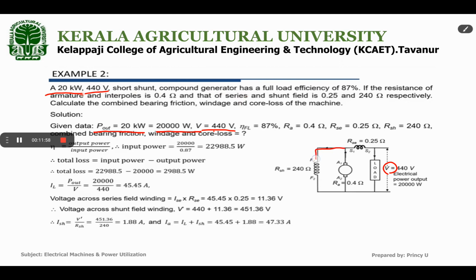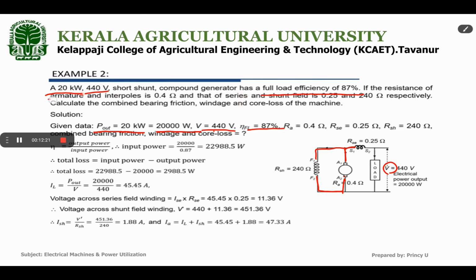So you draw the shunt field winding in parallel to only the armature, and the series field winding is in series with the load. Okay. So it is a short shunt compound generator and has a full load efficiency of 87%. So efficiency at full load is given.